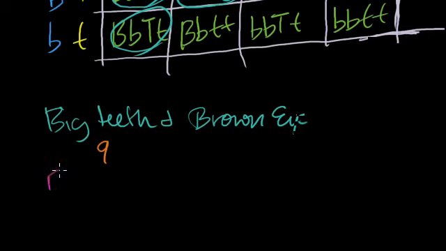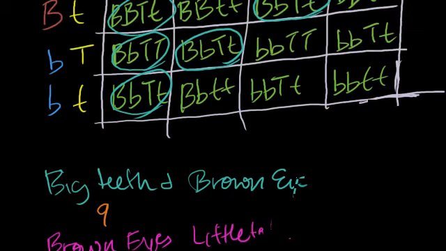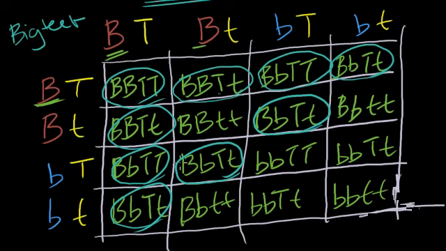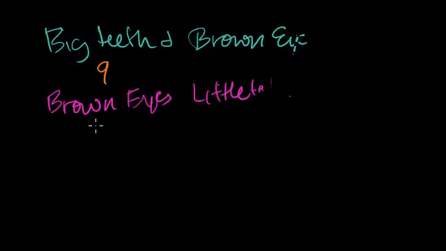Brown eyes and little teeth. Something in my pen tablet doesn't work quite right over there. So let's see, this is brown eyes and little teeth right there, right there, and right there. So there's 3 combinations of brown eyes and little teeth.